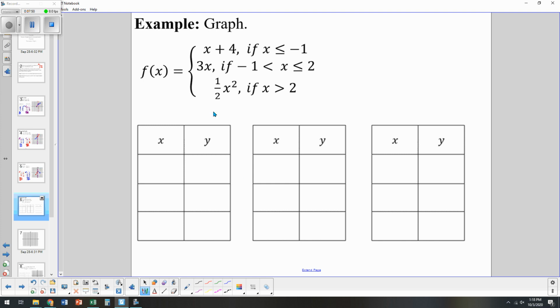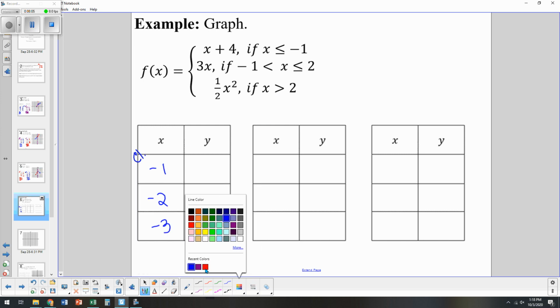So for the negative 1, I'm looking at less than or equal to negative 1, so that'd be negative 2 and negative 3, and that's going to be a closed circle. I'm going to jump over here to this one, the 2, and I'm looking for numbers bigger than 2.